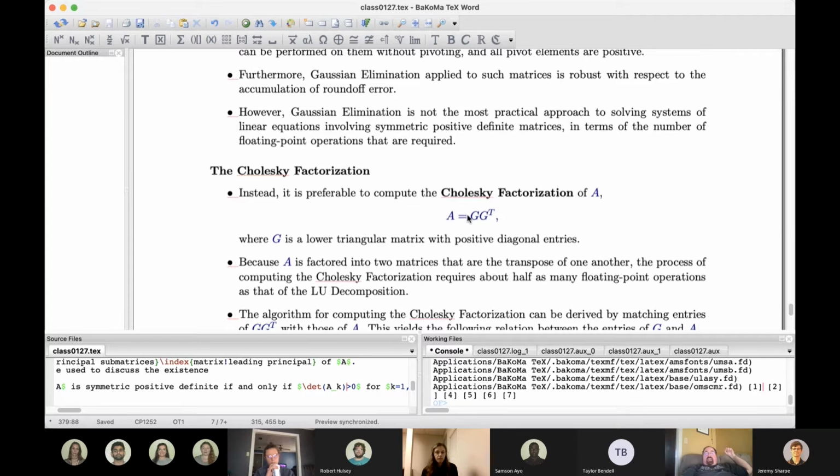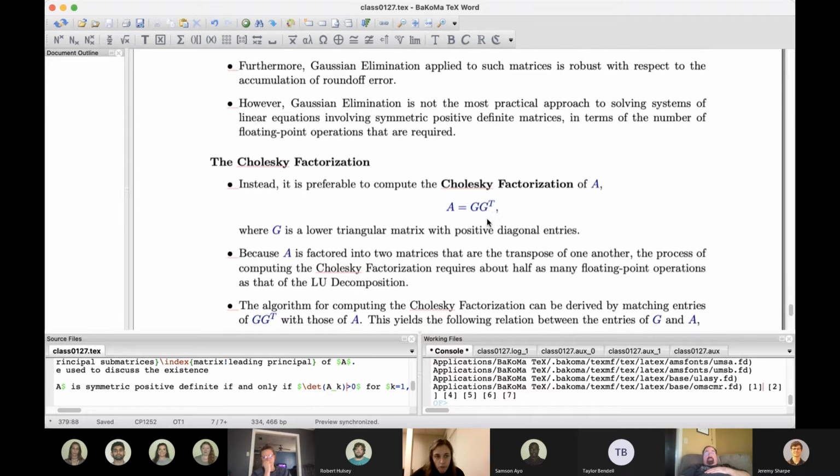So we still have lower triangular times upper triangular. It's just that now we know that the factors are transposes of each other, which takes into account the symmetry. And we also require that the diagonal entries of G must be positive.